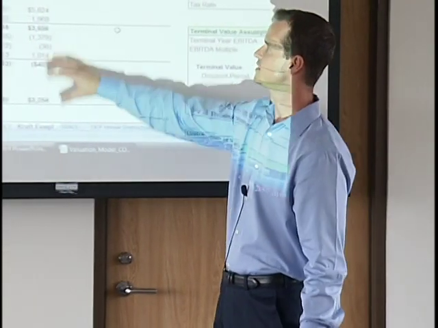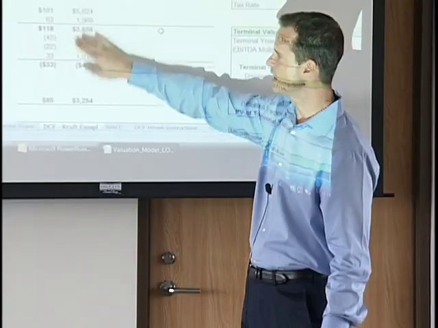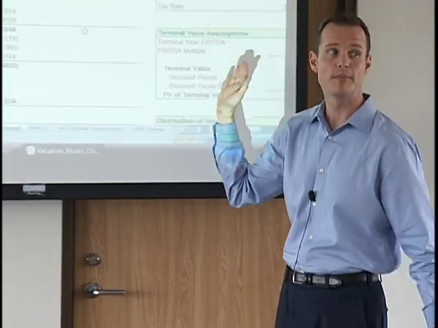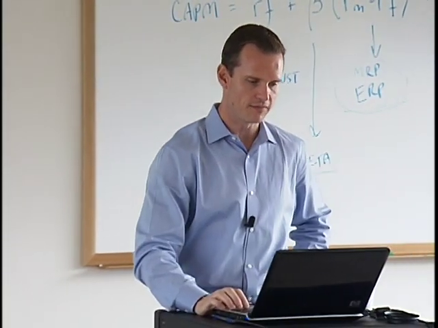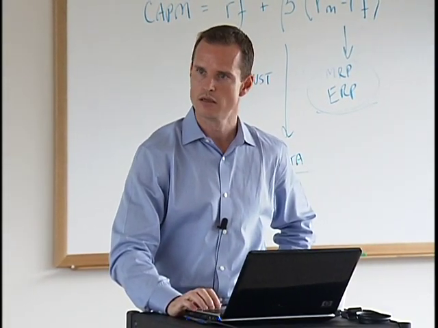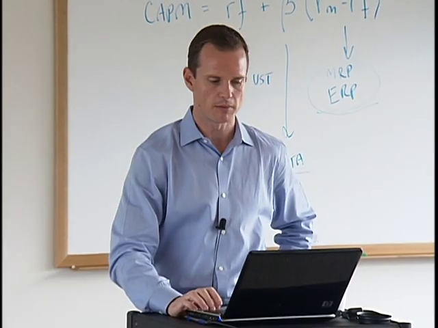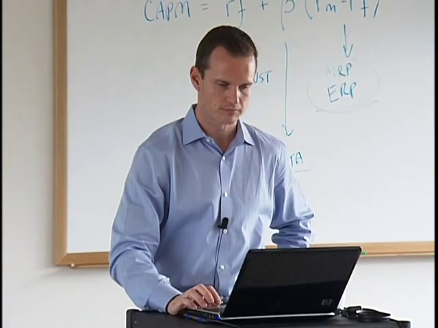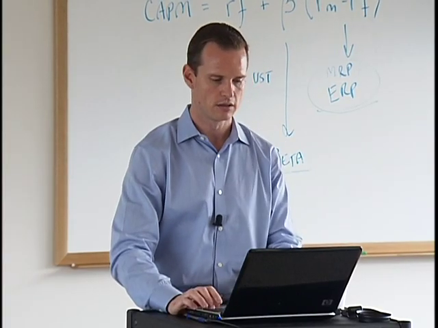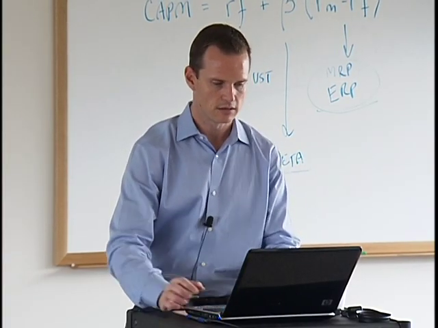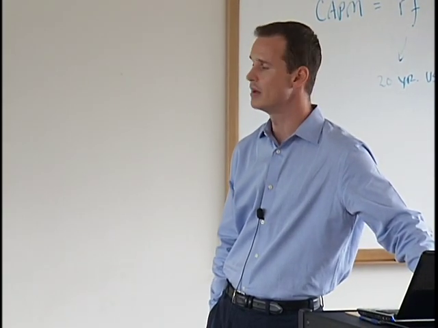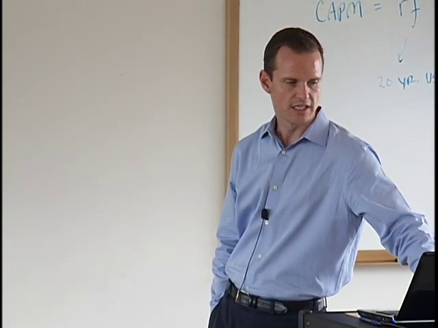And actually, the way I've set up this model is I can just copy the contents of column F across. Because if we look at the cells in column F, it's just linked to the numbers up above. And if I just copy those links across, it should give me the numbers that I need. So here I'm going to select all of the numbers in the DCF section of column F, Control C to copy.